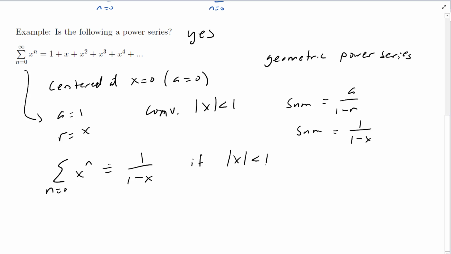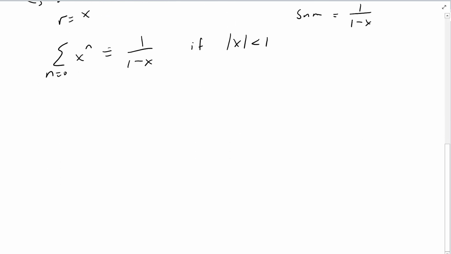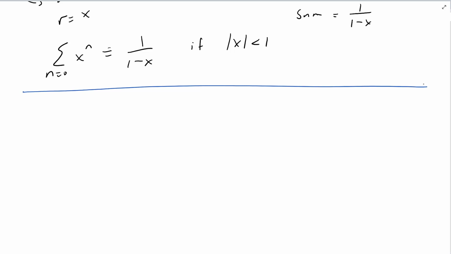So we now know something about that geometric power series. Now, at the beginning of this chapter 11, I told you that there are certain series that we can find the sums for. Geometric series, telescoping series, and now we're to power series. Now, in this case, this all boils down to a geometric. So if I looked at it and said, hey, what is the sum of (1/2) to the n, starts off at n equals 0?